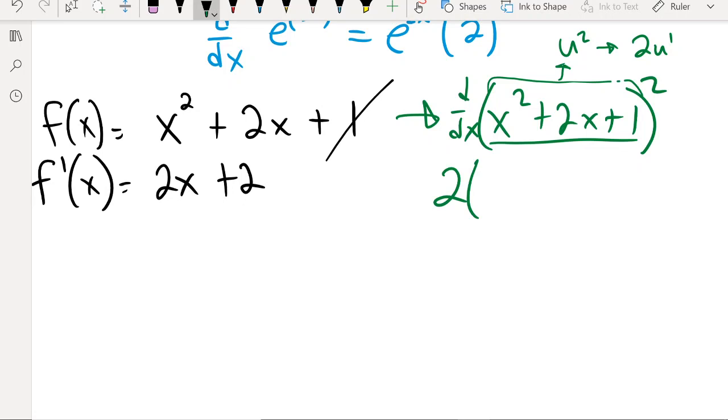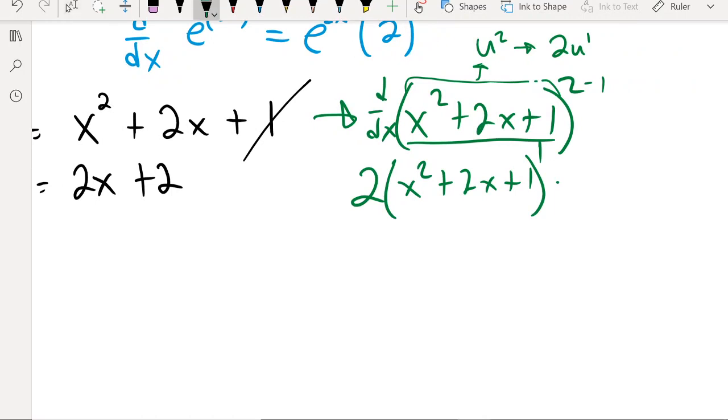It's just going to be 2, and then I ignore the fact that there's a bunch of extra stuff, x squared plus 2x plus 1, and then I decrease the power by 1. But now this whole thing, x squared plus 2x plus 1, is my inside function. So I multiply by my inside function, and of course 2x plus 2 is what I get when I take the derivative of the inside function. And now I'm done.